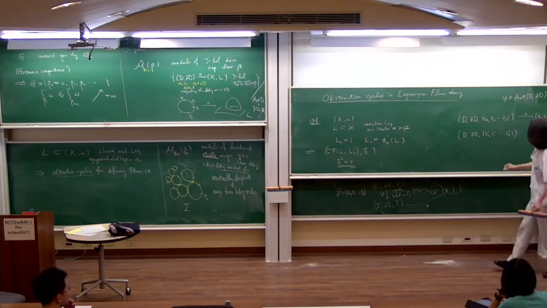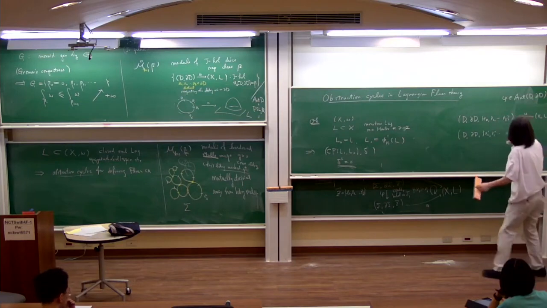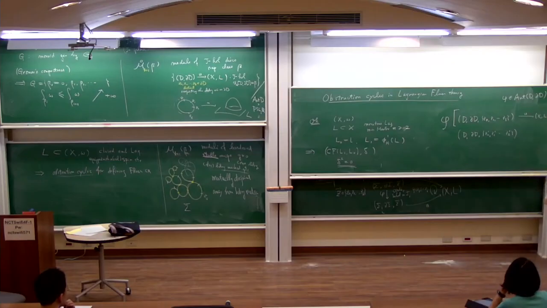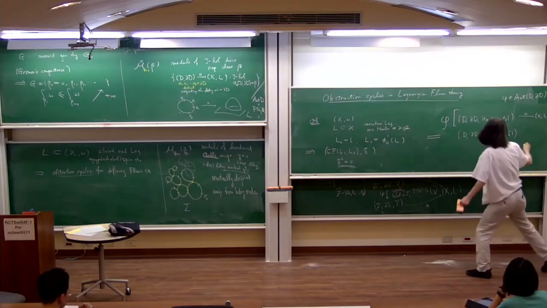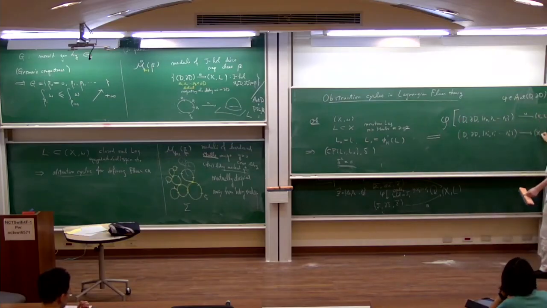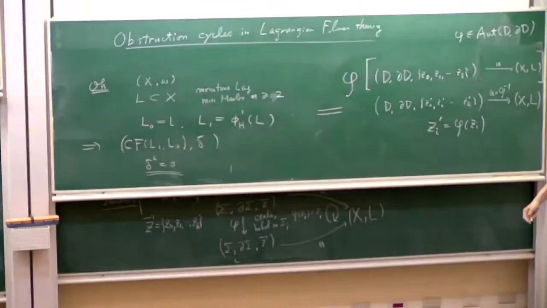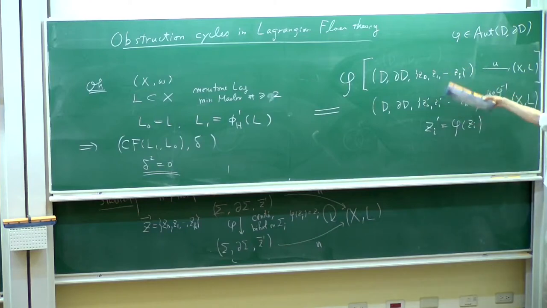How do we consider the action of this on this? This one is the mapping from here to X_L, and this one may be U composed with, if it is a left action, phi inverse. And here z_i prime may be phi of z_i. So these points change as well. Does it make sense?